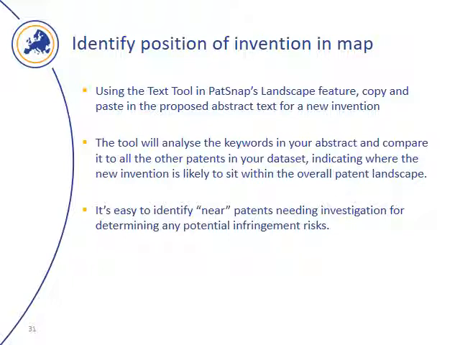This then provides a very good basis for identifying near patents which need further investigation for determining any potential infringement risks. So the idea of patent mapping is also that you then check the nearest other patents for possible novelty destroying features or for infringement.